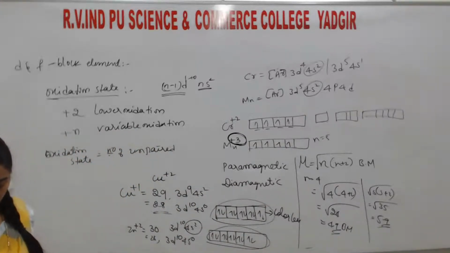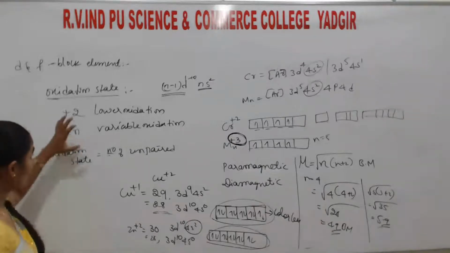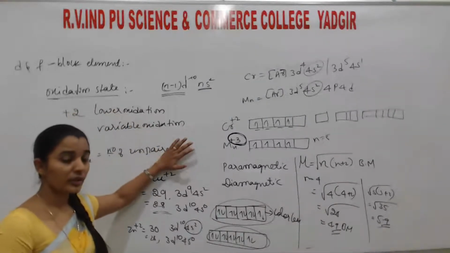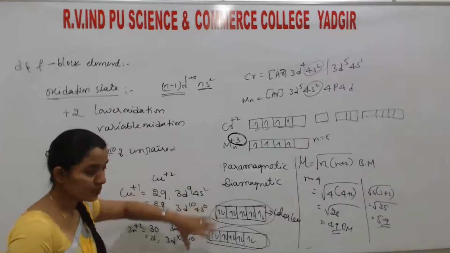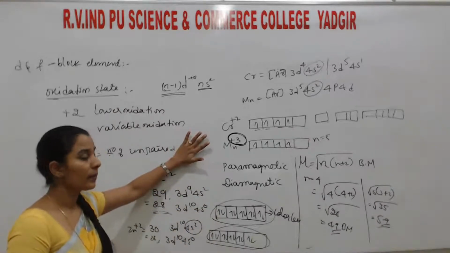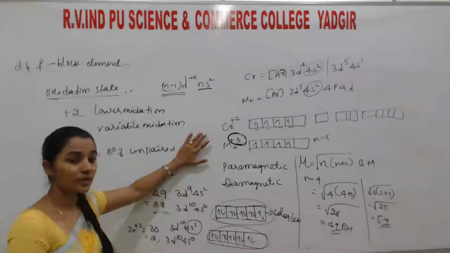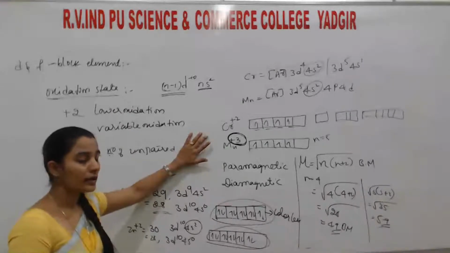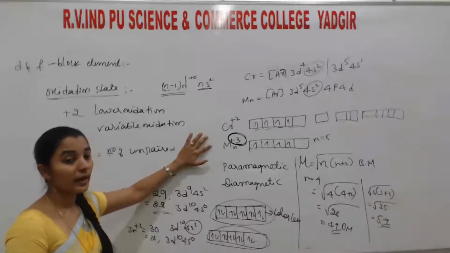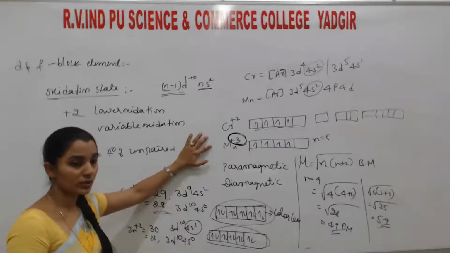So in that, students, you have to remember what is lanthanoid contraction, what are its consequences, and these properties, especially catalytic, magnetic, and oxidation state, then what is the reason for the color, and also the difference between the lanthanoid and actinoid contraction. You just go through them.